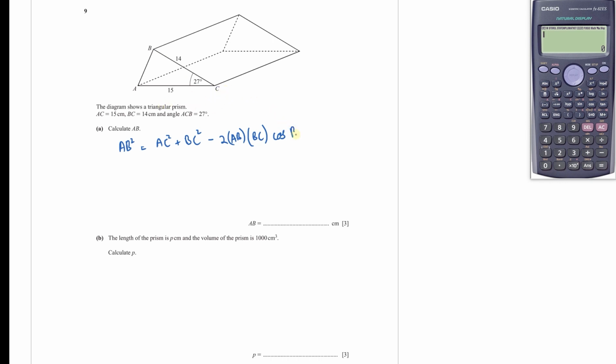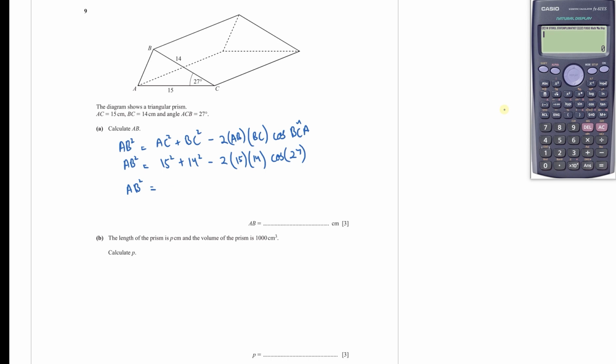So cosine of angle BCA. So let's substitute the values. AB is the unknown, so AB squared equals AC is 15, 15 squared plus BC is 14, so 14 squared minus 2 times 15 times 14 times cos of 27.